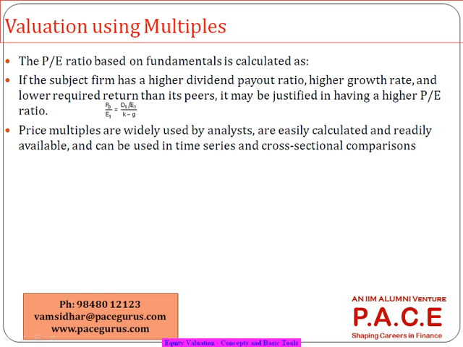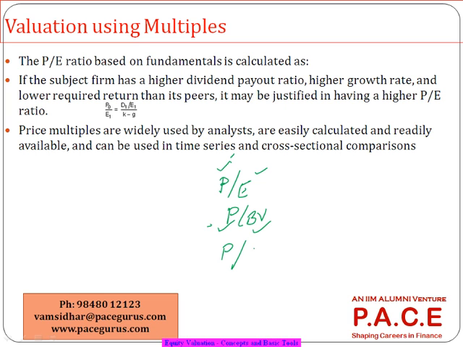Then we are getting into valuation using the multiples mechanism, where P by E is the ratio which we said, or probably P by book value, which is nothing but market price divided by the EPS. Market price divided by the book value per share.